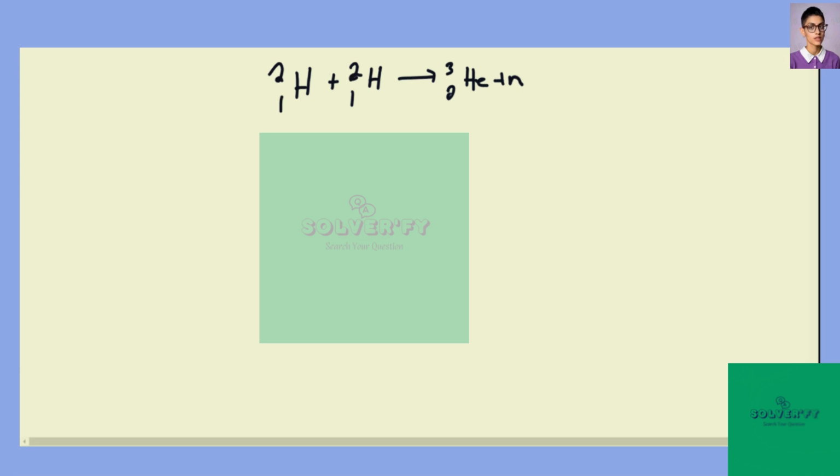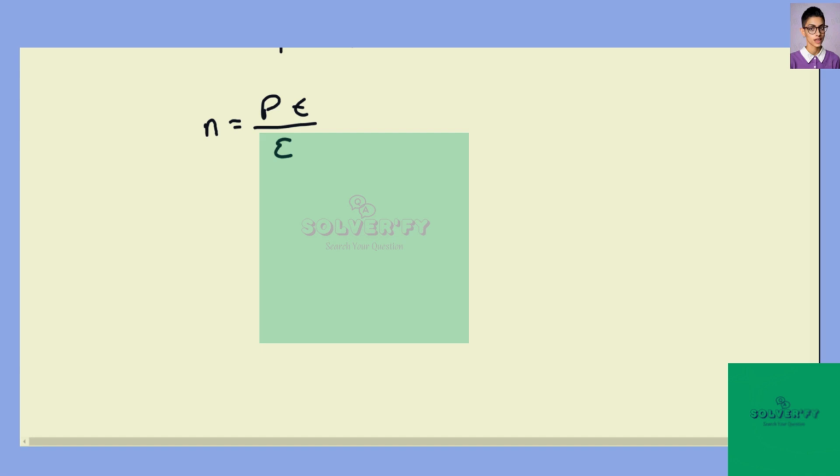We have the number of reactions is N equals power times time over energy. And we also have M_F, the minimum amount of deuterium fuel, which equals 2 times N times the mass of the deuterium.